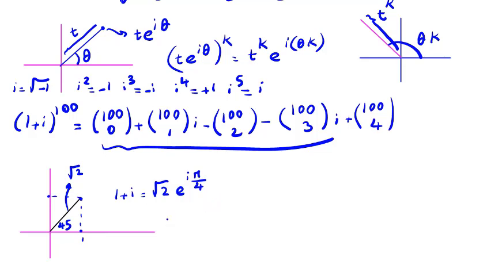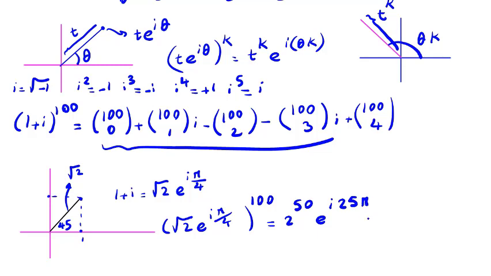Now the left hand side will be root 2 e to the i pi over 4, to the power of 100. It will be 2 to the power of 50 e to the power of i 25 pi. 25 pi is equivalent to pi, so it will be negative 2 to the power of 50.